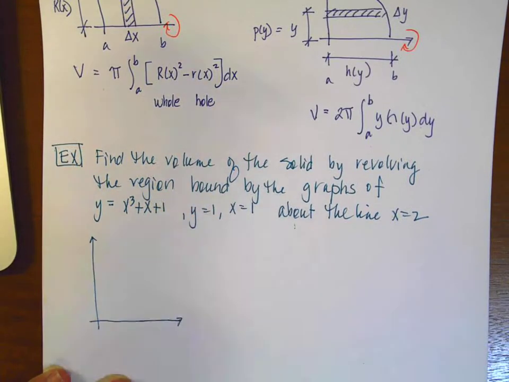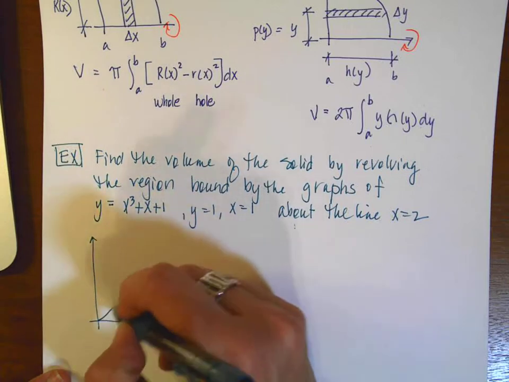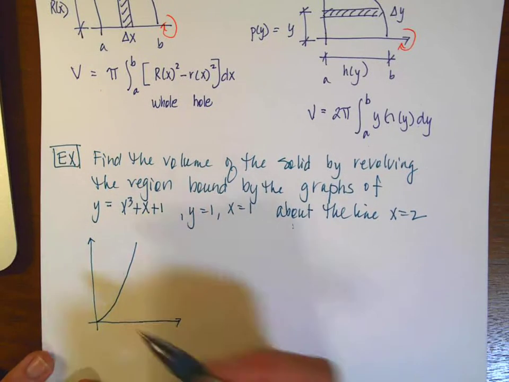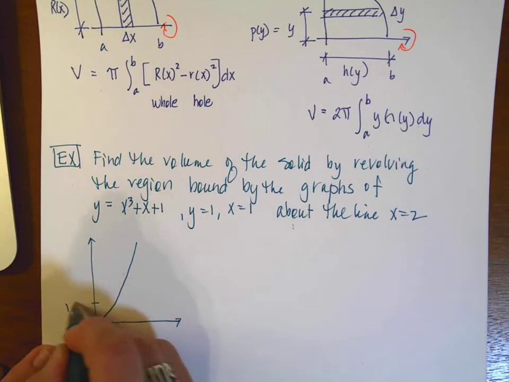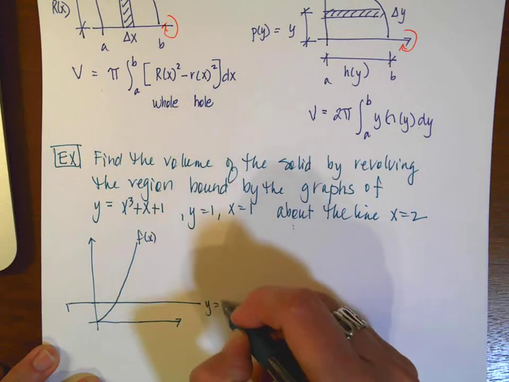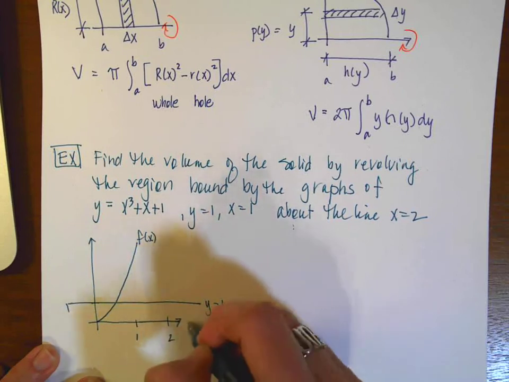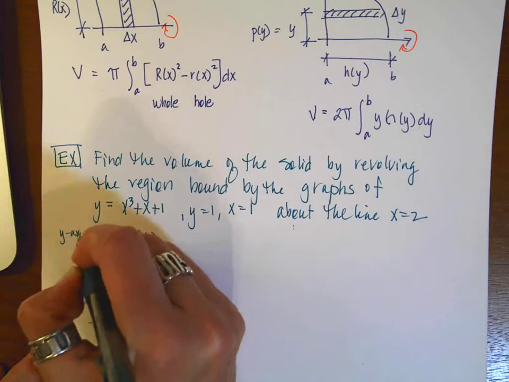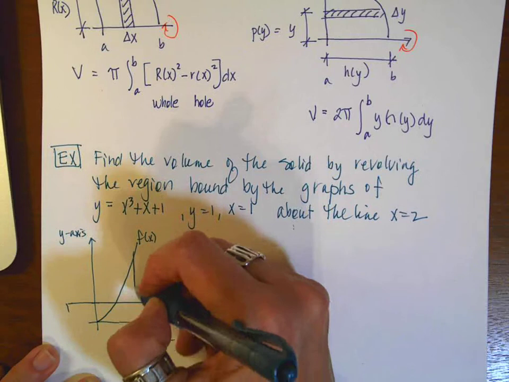So I'm going to draw this one, okay, just to give us a sketch. All right, so here's my first quadrant, and I have y equals x cubed plus x plus 1, which is going to look kind of like this. And then I'm going to have the line y equals 1, and it's going to be here. So this is f of x. This is y is equal to 1. And then I have 1, 2, and I'm going to label my x-axis so you know which axis I'm talking about, and my y-axis.